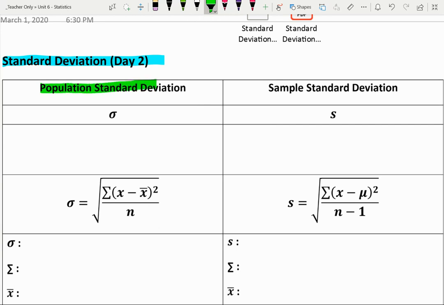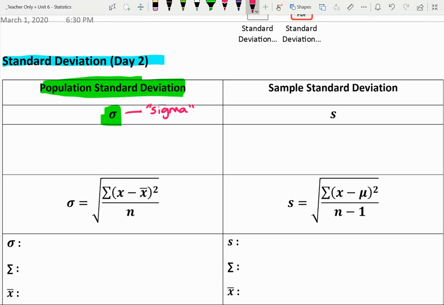The one that we looked at yesterday was actually called the population standard deviation, and I know I mentioned it. And in our notes yesterday, we were using the letter S. We should actually be using this letter here, which is the Greek letter sigma. It's a lowercase Greek letter.